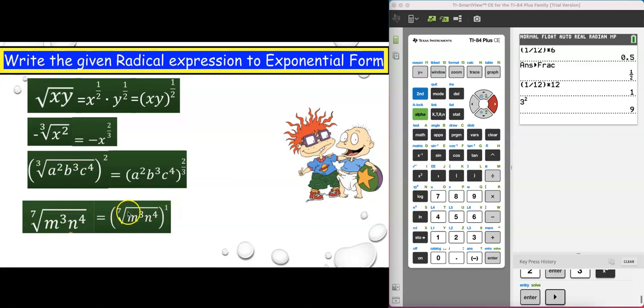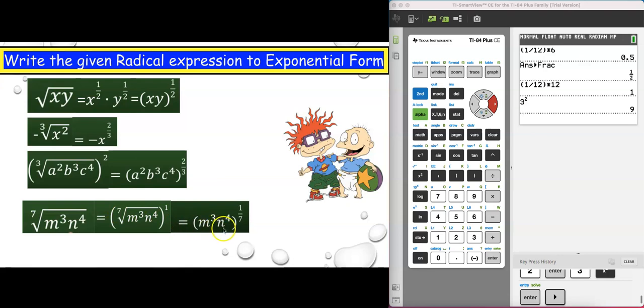So it becomes open parentheses, because you're including all of this stuff in there. The m to the 3rd power and the n to the 4th power are included, and it's going to be raised to the 1/7th power, because this is the exponent and this is the index number.